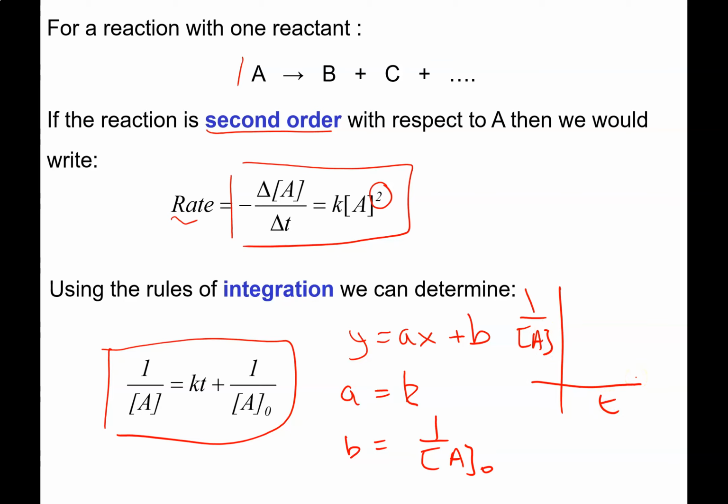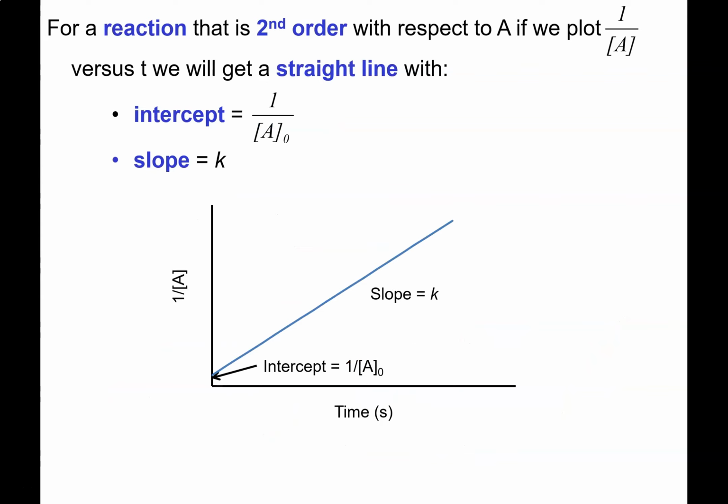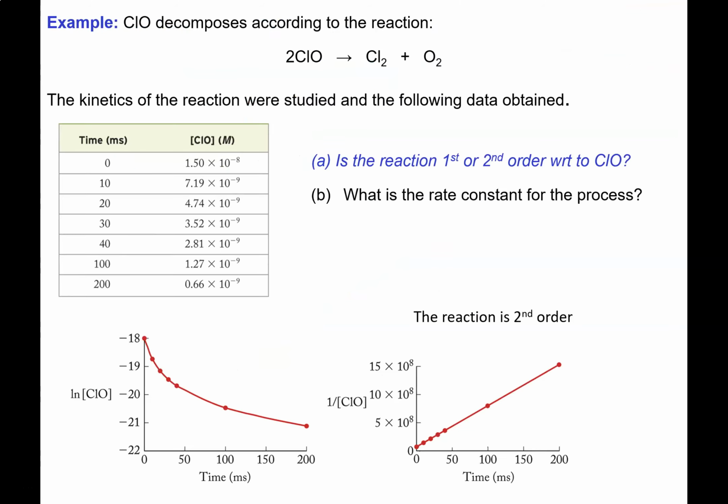Now k is always a positive number, so this will be a straight line with a positive slope. So for a reaction that is second order, if we plot 1 on A against t, you're going to get a straight line. The intercept will be 1 on the original concentration, and the slope will be equal to k itself. Pretty simple to do.